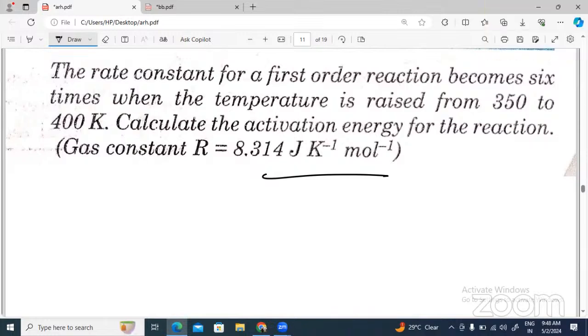Here on the screen itself, you can write. Sir, I don't recall the formula actually. If you could tell me that. Formula I am writing, no problem.